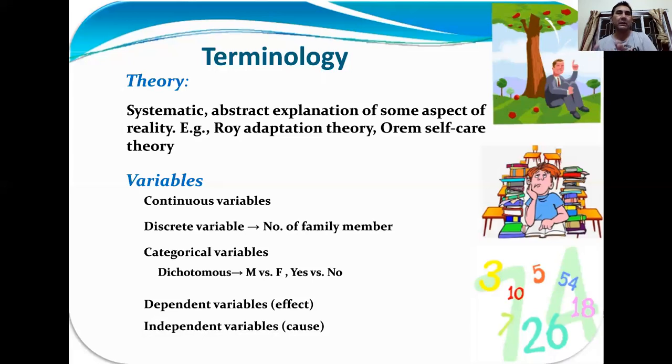So the increase of the BMI and the lipid profile are the dependent variables, and the sedentary lifestyle, lack of exercise, and high density food intake are the independent variables. These are the risk factors which can increase the BMI and lipid profile in any person.